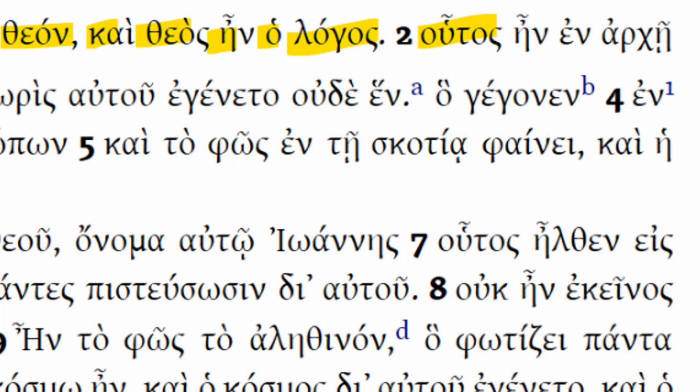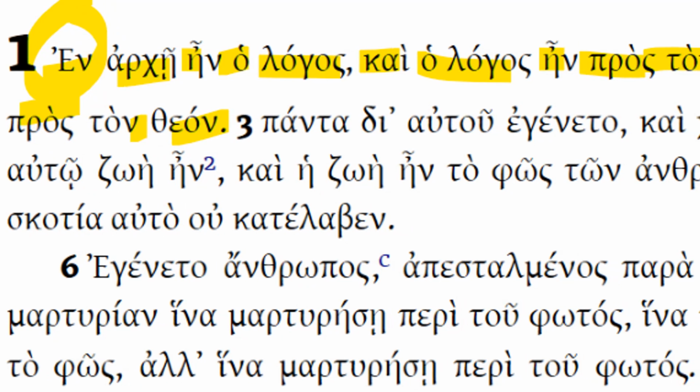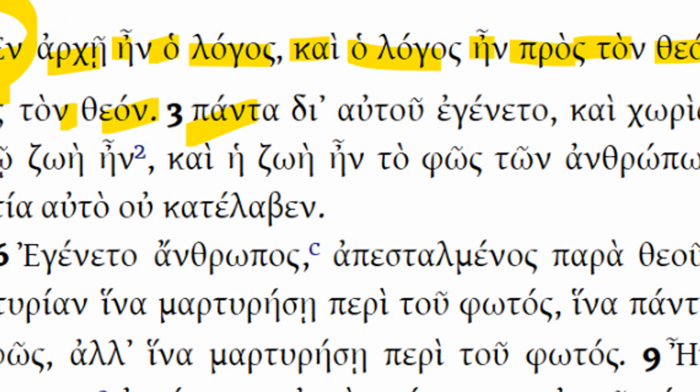Hutos ein in arche pros ton theon. Panta di autu. Now remember right here we have di autu. We saw when a vowel would disappear from the end of a word, we would have this apostrophe right here saying, hey, something used to be there. So that was an alpha. It ran away.